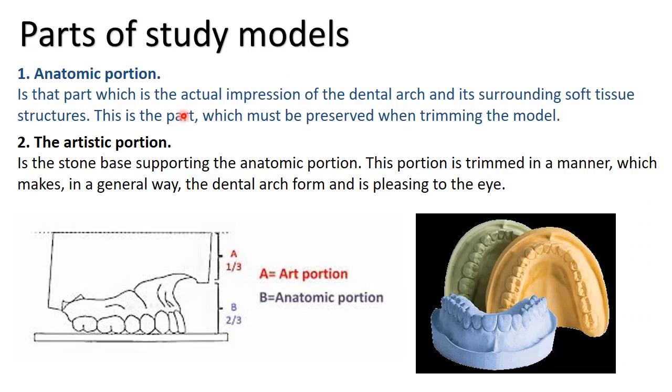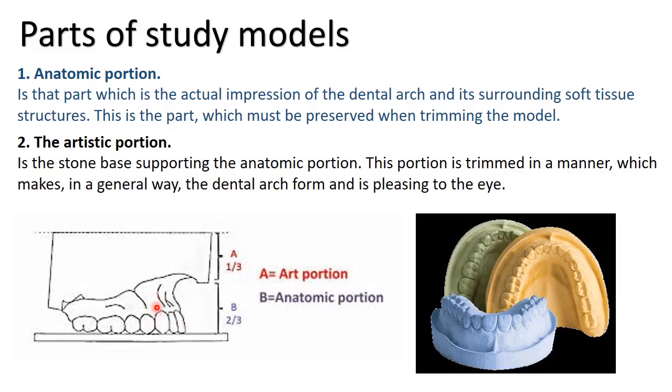Study models consist of two portions, two parts. The first portion is the anatomic portion, and the second one is the artistic portion. The anatomic portion is the part which is the actual impression of the dental arch and its surrounding soft tissue structures. This is the part which must be preserved when trimming the model.